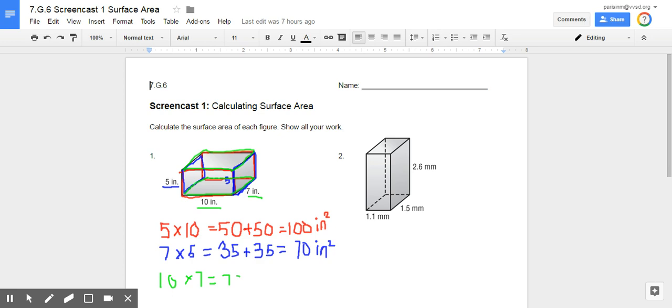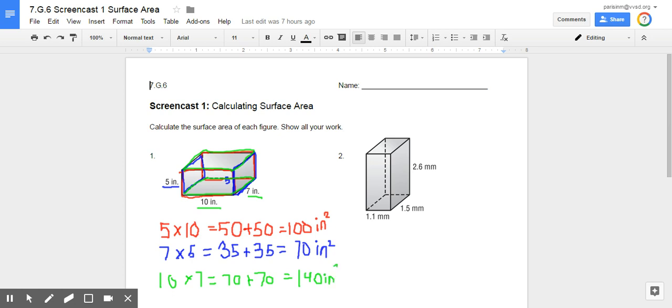So again, this is the area of the bottom, but we know the top has the same exact area. So let's add 70 again, or you could do 70 times 2. And then we get 140. So the green represents the bottom and the top of our rectangular prism.